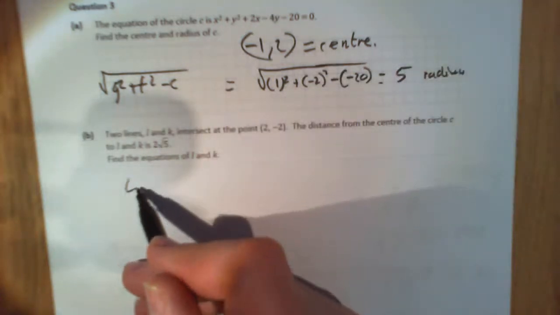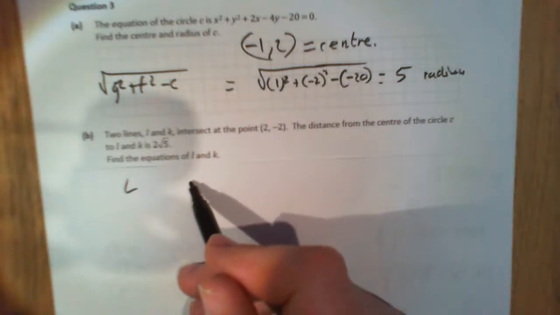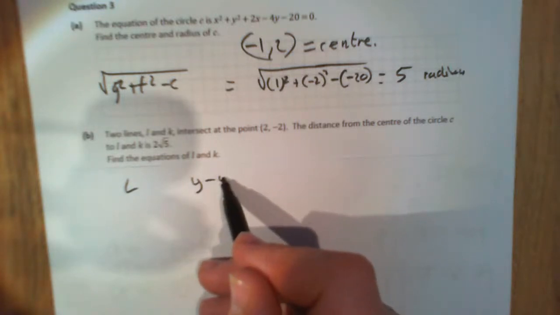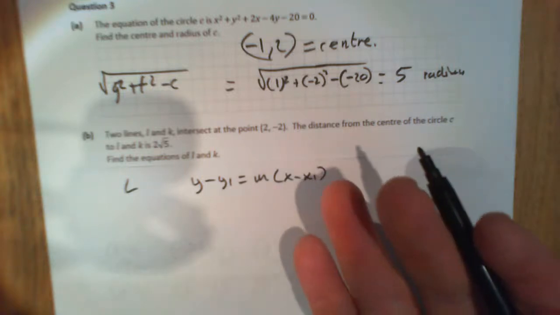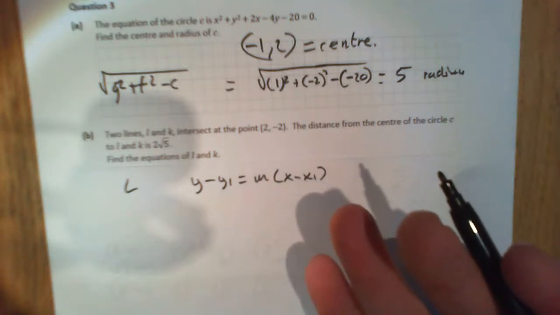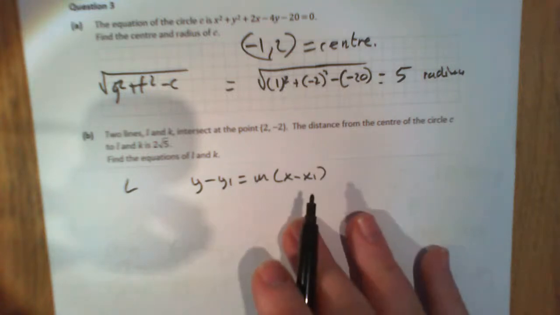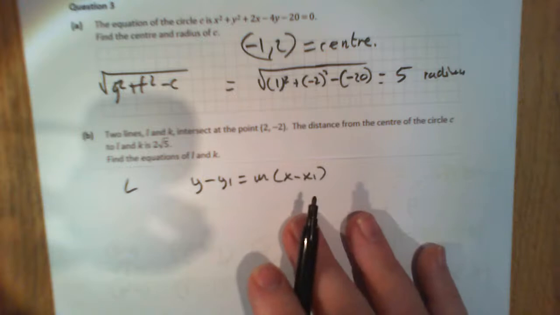So let's pick one of them. Let's pick L, okay? So the formation of L is as follows. y minus y1 is equal to m times x minus x1. Now, we're going to need some information about this.